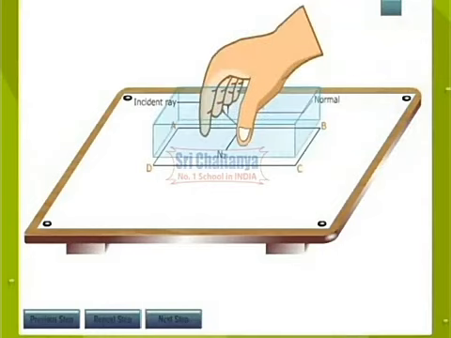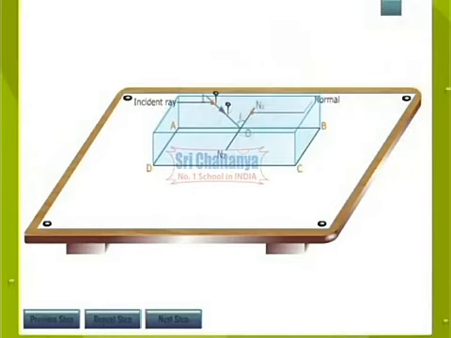Place the glass slab within its boundary ABCD. Looking from the other side of the glass slab, fix 2 pins such that the feet of all the pins are in one straight line.